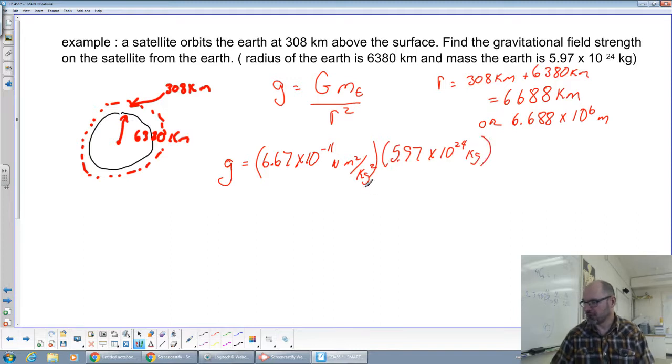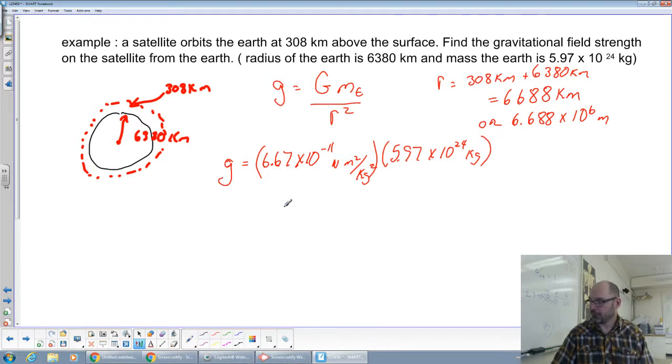So one of the kilograms is going to be gone. We're going to be left, and then we divide it by the meters. Did I put the R in the wrong place? Probably did. Gravitational field. Oh no, I put it in the right spot.